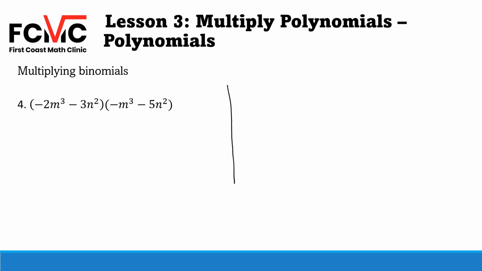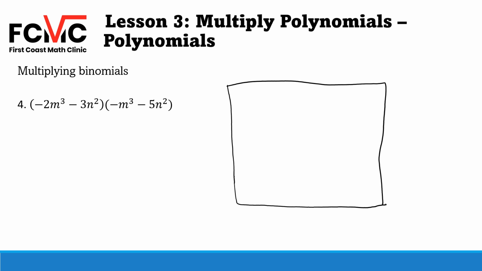So for our box method, let's draw our box with our four squares inside. And along the top, I'm going to start with negative 2m to the third, negative 3n squared. So remember, we've got to include the sign.